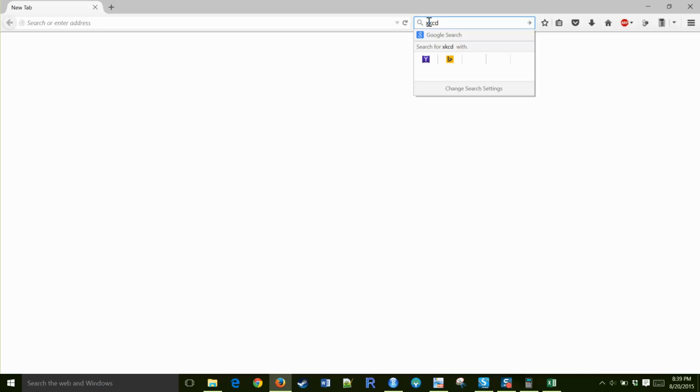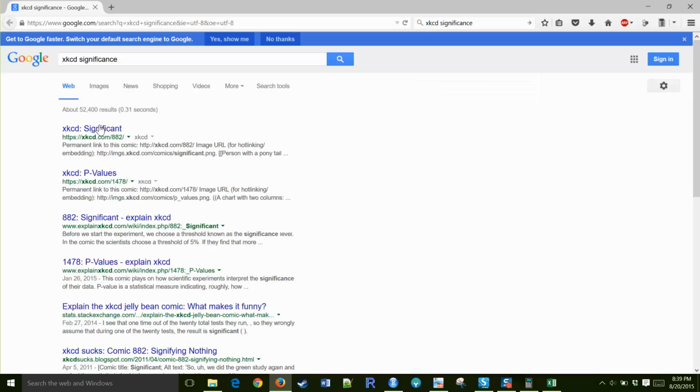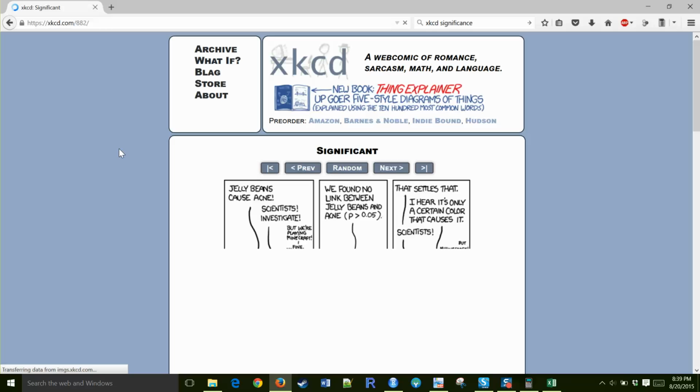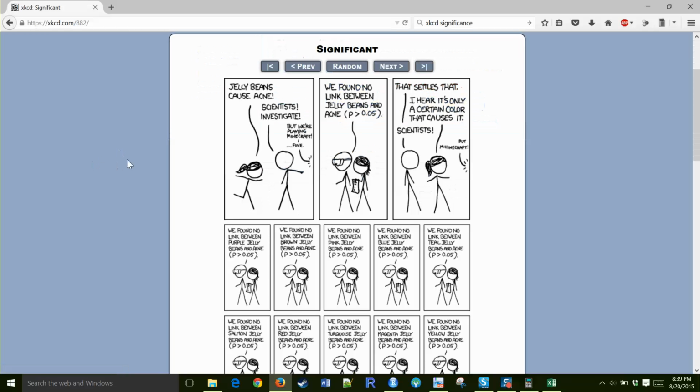We found no link between brown jelly beans and acne. No link between all of these things. And then here it goes. So all of these say we found no link, and it's all of these different colors. And it says we found a link between green jelly beans and acne. And it goes, whoa, P is less than 0.05, and everything else is no, no, no, no, no.